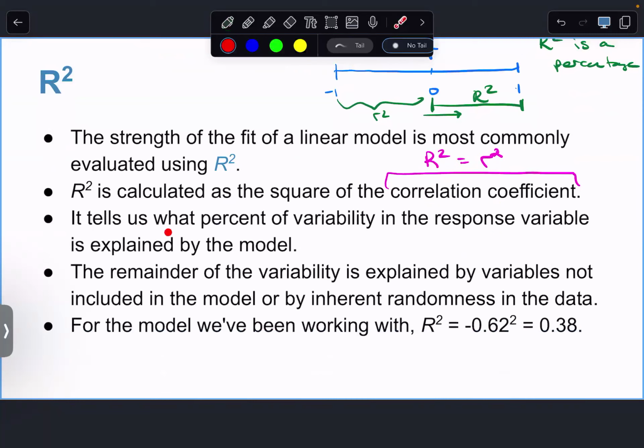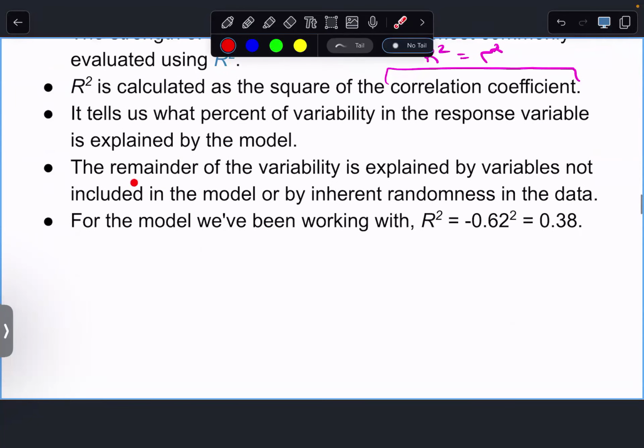This is the brief definition of the R squared, but I'm going to give you the full definition, and that's what you can expect to see if you have to use it. The R squared tells us what percent of variability in the response variable, which is your Y, is explained by the model. Before we give the full definition, the variability is the fluctuation, right?